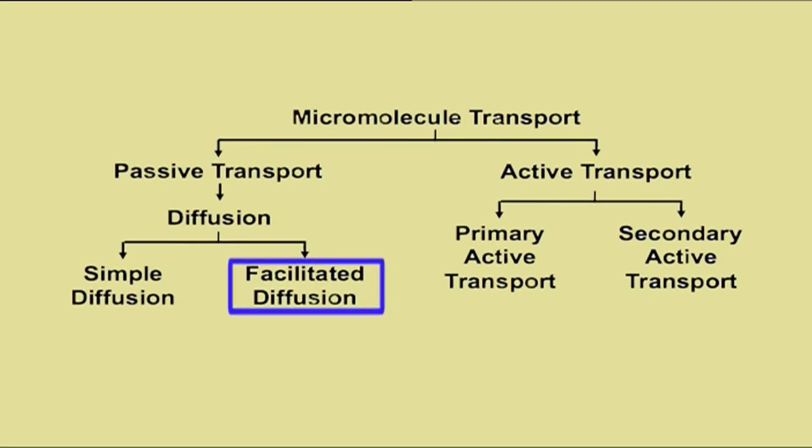B. Facilitated diffusion. The movement of hydrophobic molecules or large uncharged polar molecules like glucose, sucrose, etc. or some ions across the plasma membrane by mediation of a carrier protein is known as facilitated diffusion.